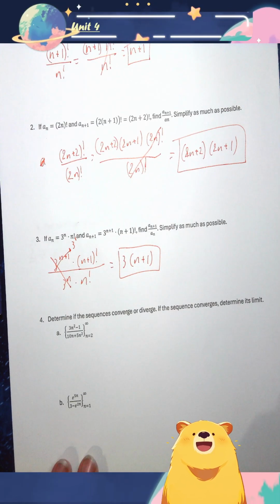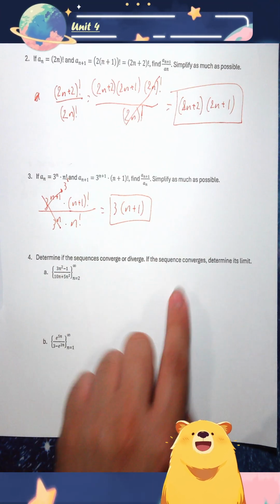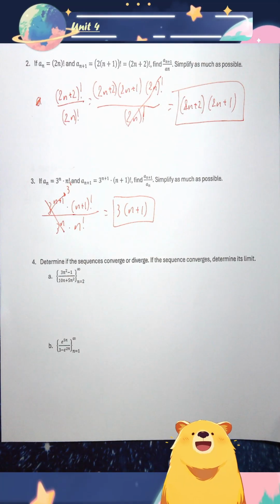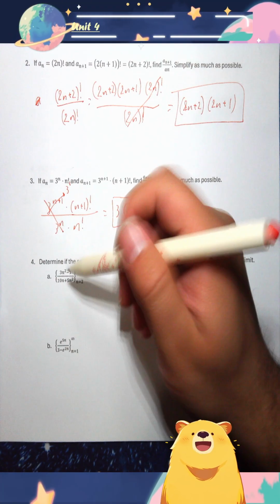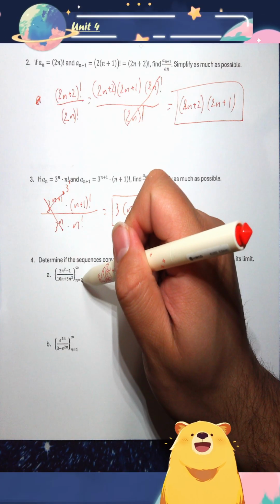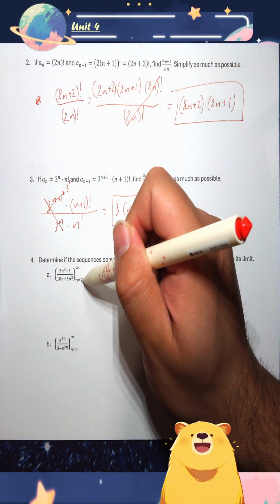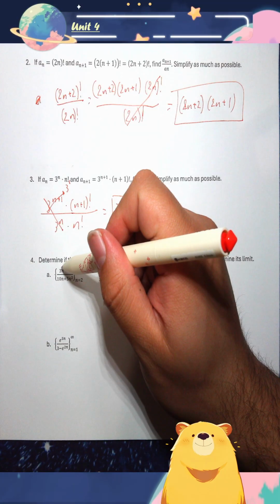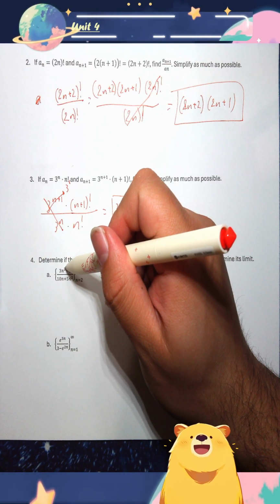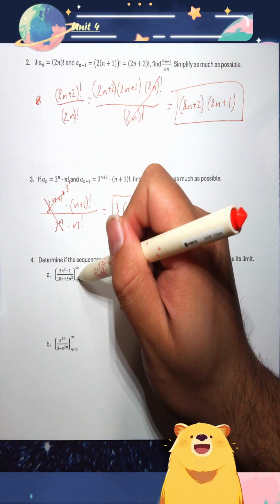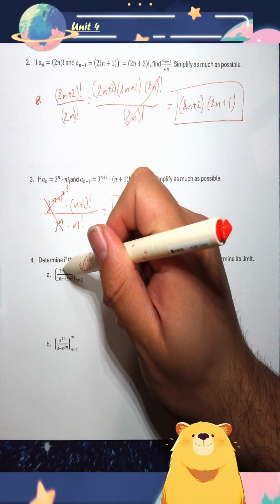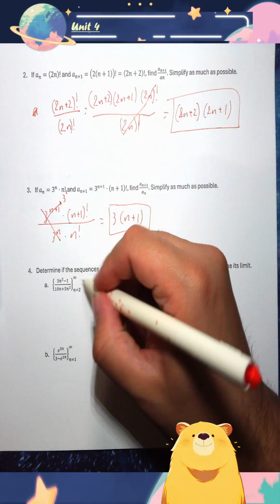All right, next, determine if the sequence converges or diverges. If the sequence converges, determine its limit. Okay, so from here, we start with n equal to 2, but either way, we're going towards infinity.